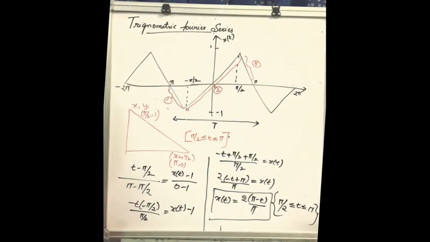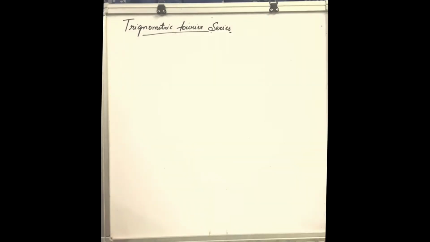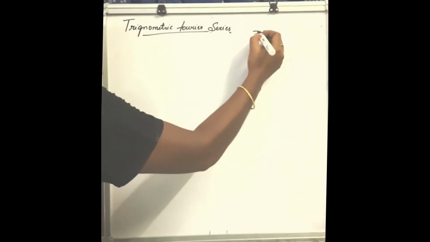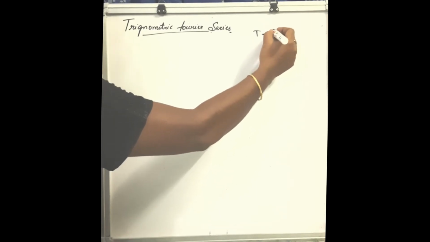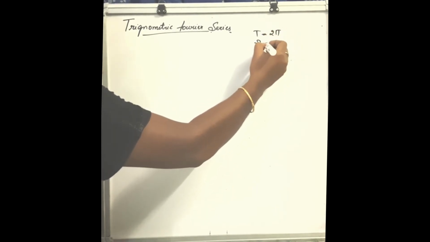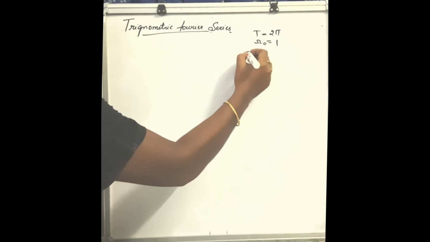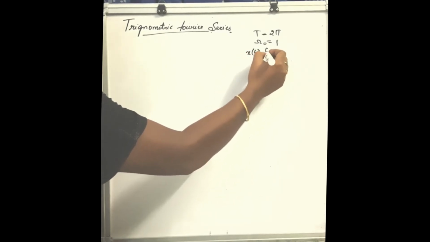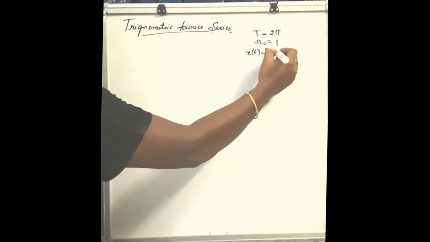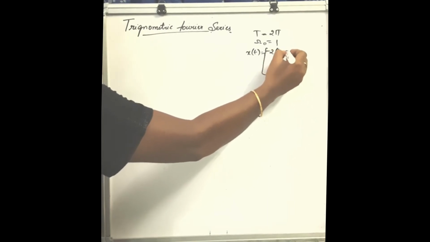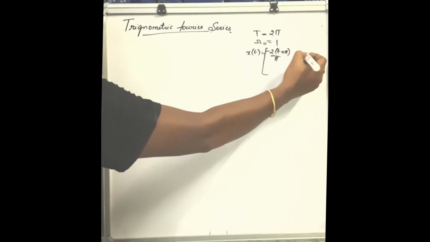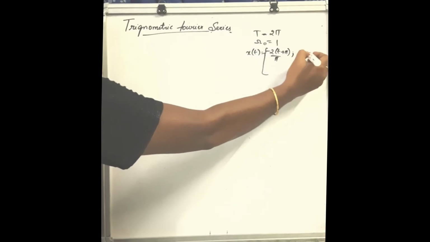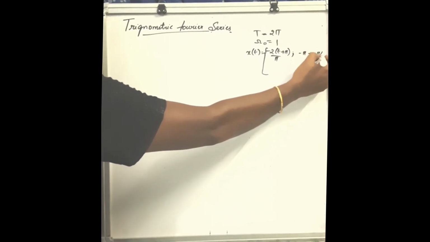So finally, we have found x of t for 3 different intervals. Having T is equal to 2 pi, omega naught is equal to 1, and x of t is equal to (minus 2t plus pi) by pi for minus pi to minus pi by 2.